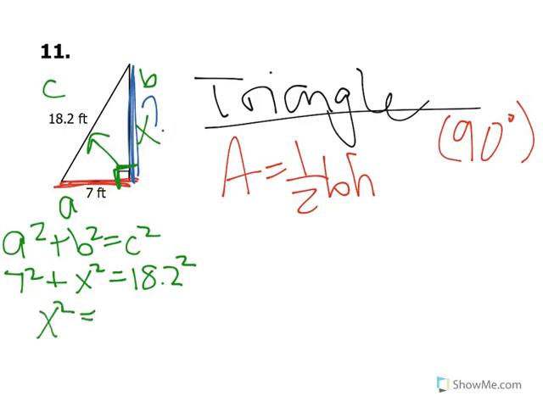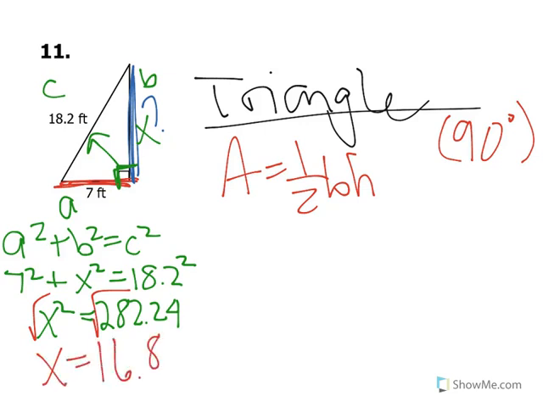X squared has to equal 282.24, and then you'll take the square root to get just x, and you get about 16.8.